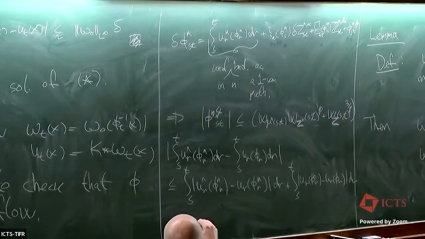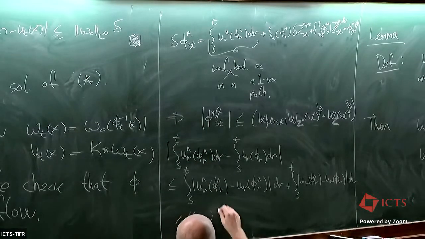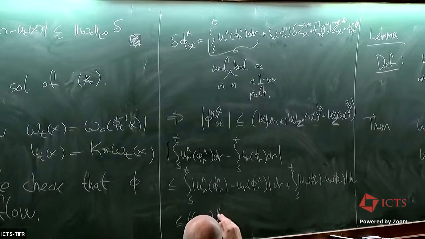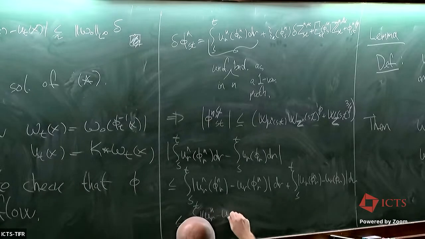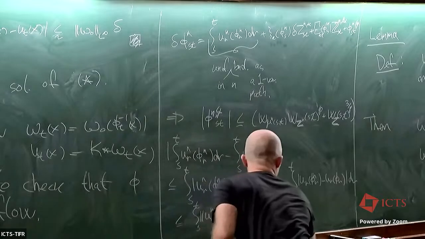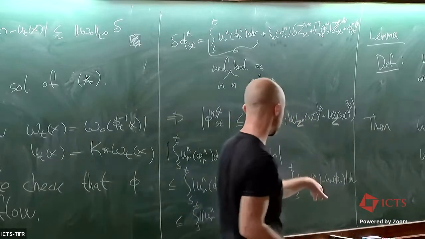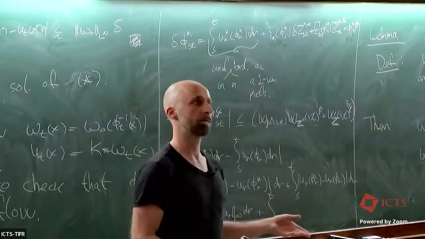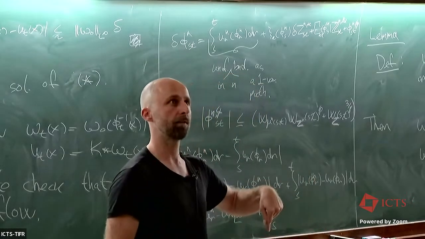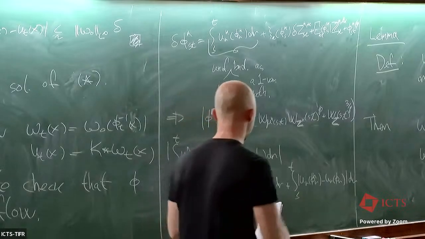So this is bounded by t minus s, and then you take, or let's say like this, integral from s to t, and then supremum norm. And here you put integral from s to t, and now you use that since u is the convolution of something in L1 intersected L infinity, this is Osgood.